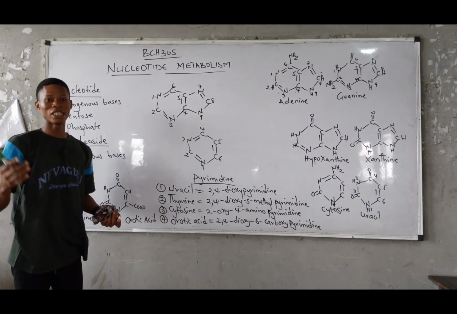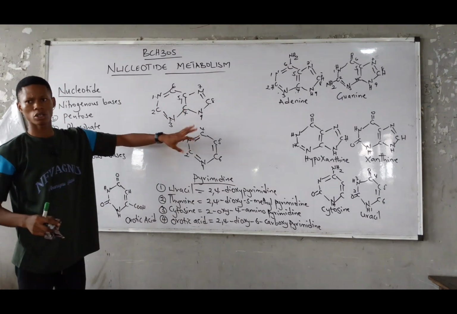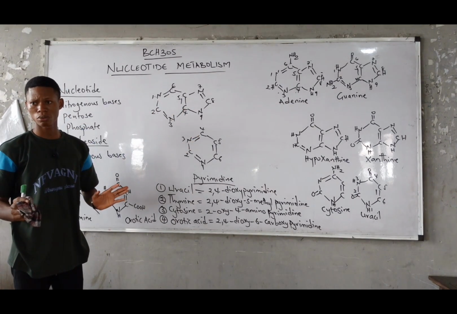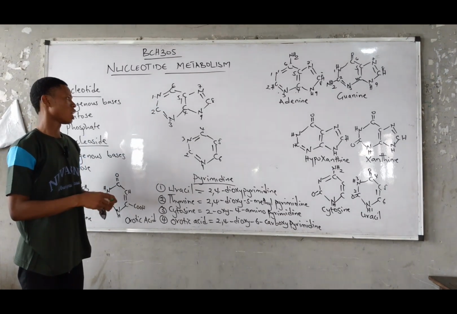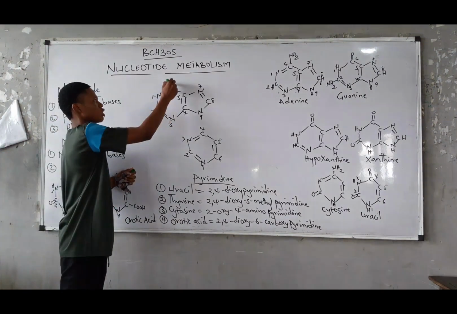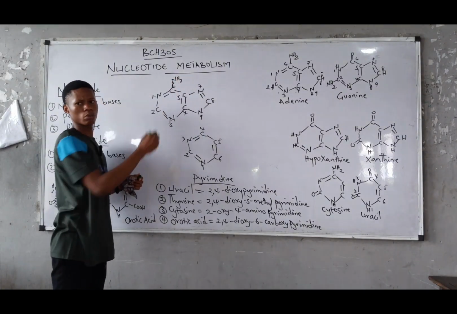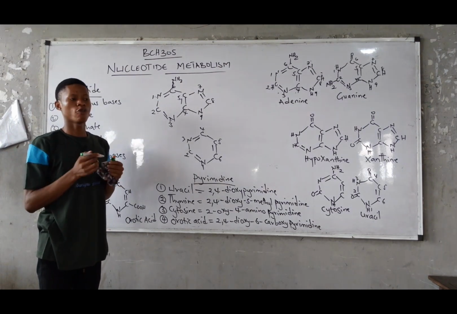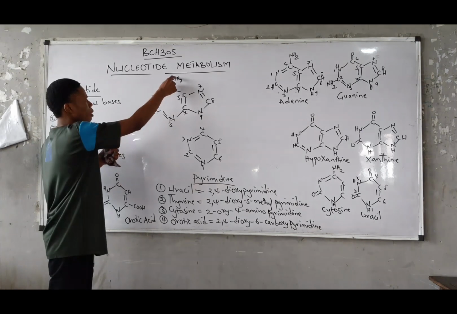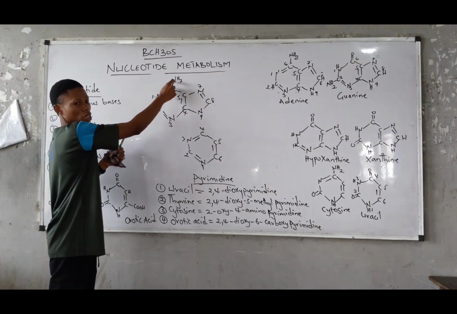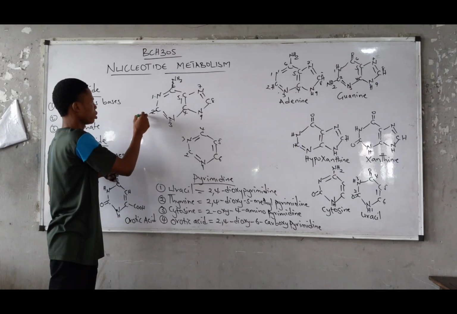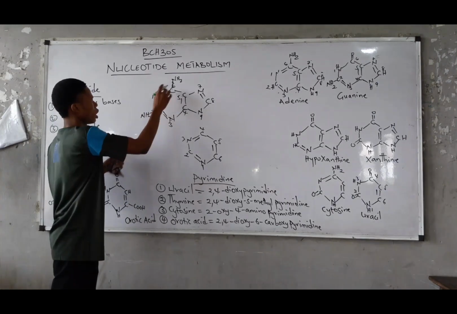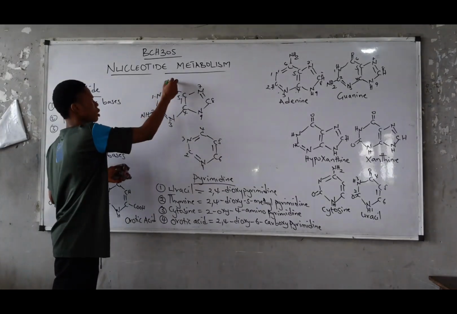If you want to draw adenine, once you know the backbone, drawing the other ones is very simple. Just draw this backbone and attach your amino group. That's adenine. If you want to draw guanine, bring this amino group here and put a double bond oxygen here.